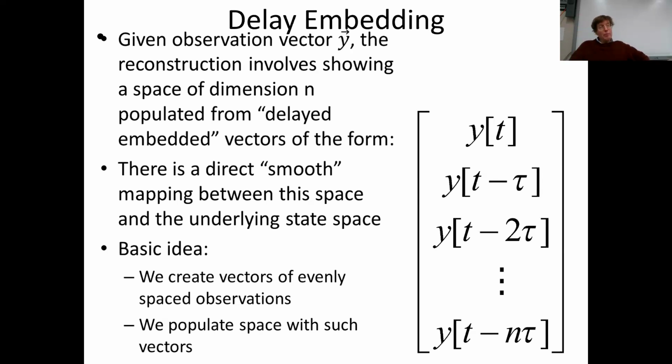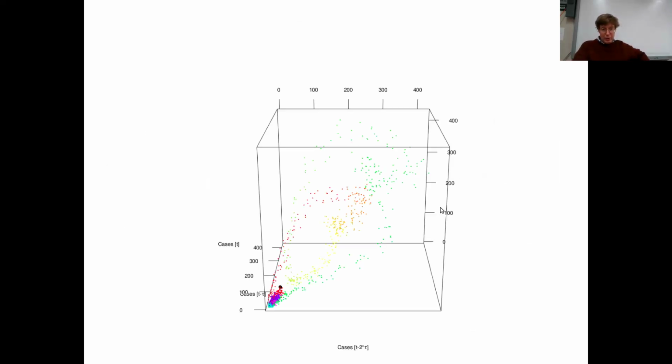Or maybe we embed it in 5-dimensional space. For each day we have the value for that day, the value for 1 day before it, 2 days before it, 3 days before it, and 4 days before it. 5 values. We do that, and then we populate it in space. We plot these out in space.